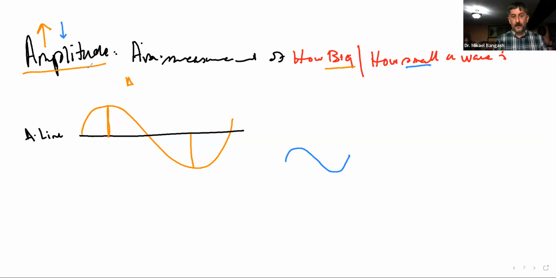The same applies to our other wave here. The amplitude of this wave is from your average line to the peak, or from the average line to the trough. Clear? Did that make sense?